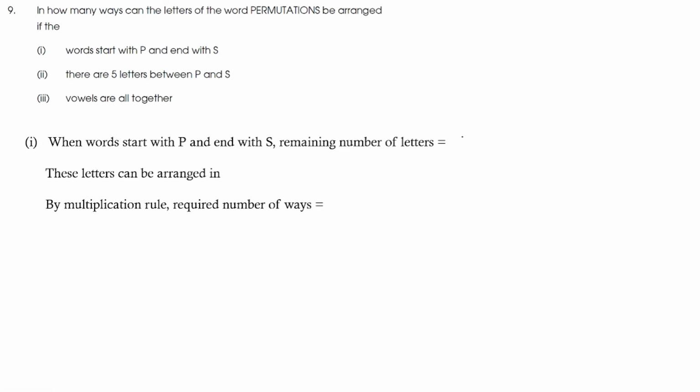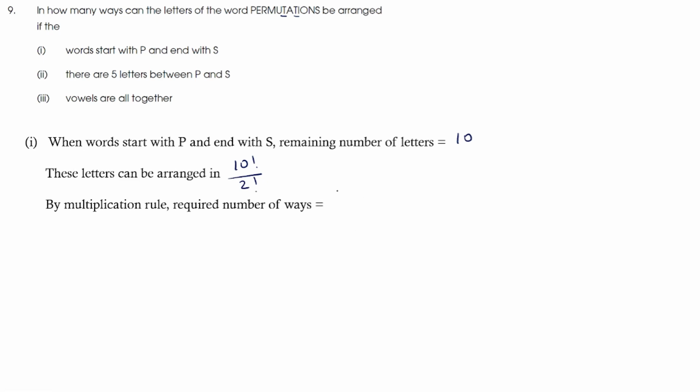So there are 10 remaining letters. Now these letters can be arranged in 10 factorial upon, here we can see that the letter T is repeated. So it is repeated twice, so it is 10 factorial upon 2 factorial.